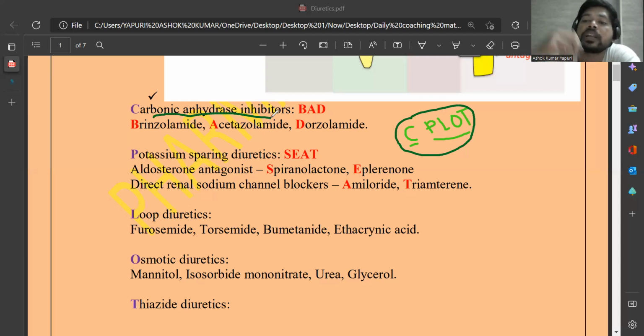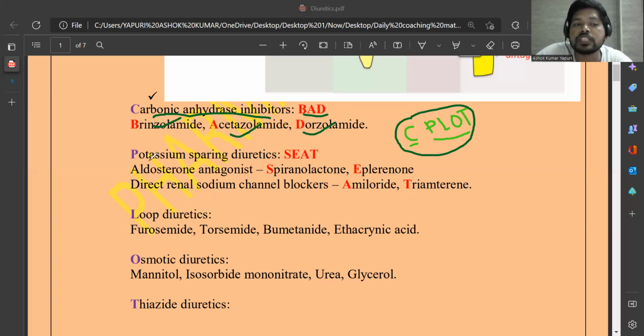That sodium and water reabsorption may lead to increased body fluids, may lead to hypertension as well as edematous type of conditions. An example mnemonic of drugs that inhibit carbonic anhydrase is BAD. Examples are brinzolamide, acetazolamide, dorzolamide.